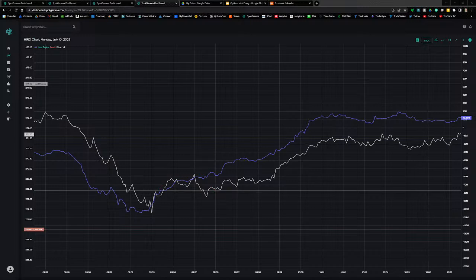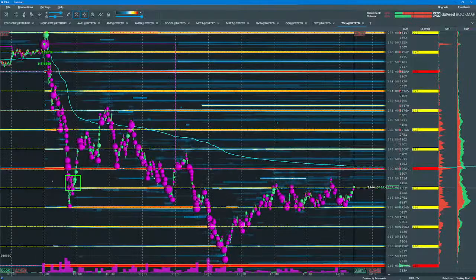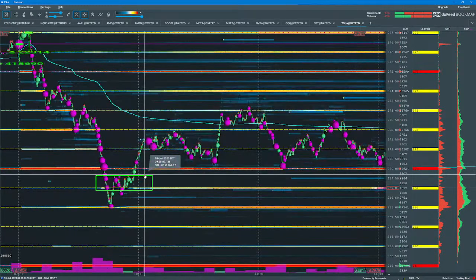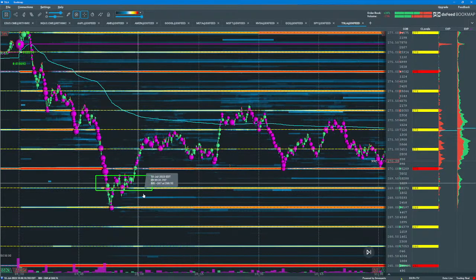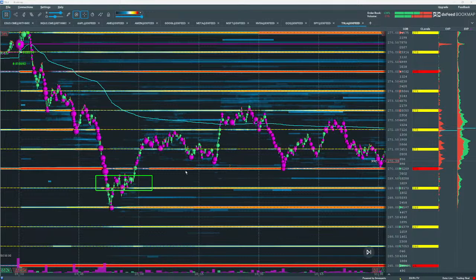So let's go take a look at the Bookmap now. And of course, when this happens, you have no idea what's going to happen 30 minutes or an hour from now. But that looks like somewhat of a bullish shift in order flow here.